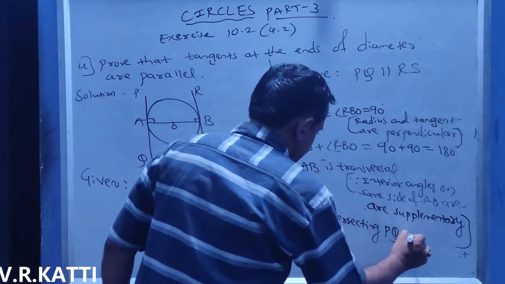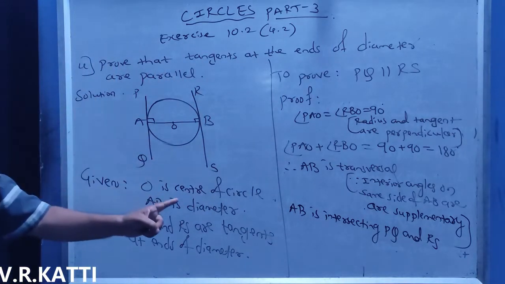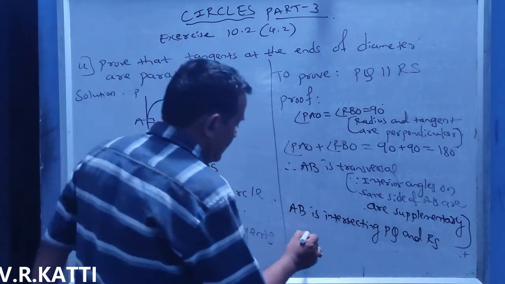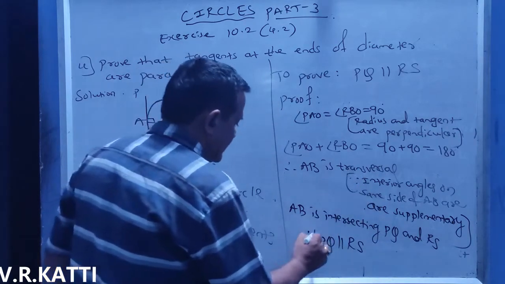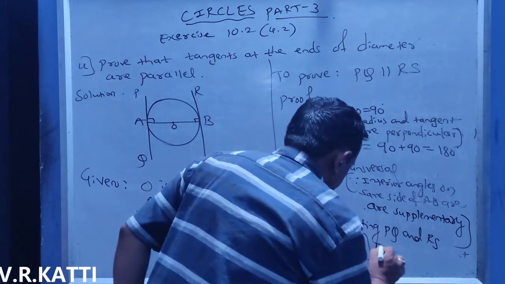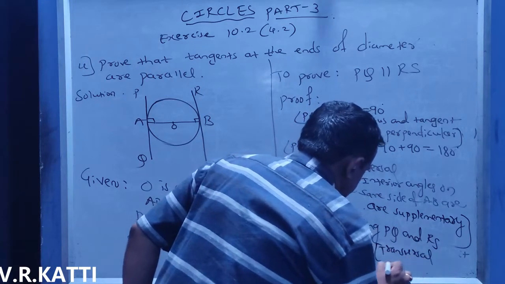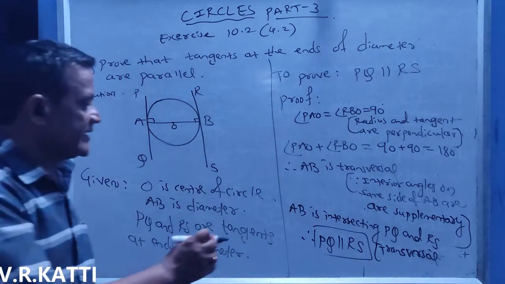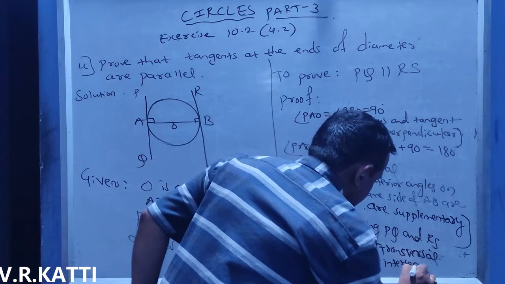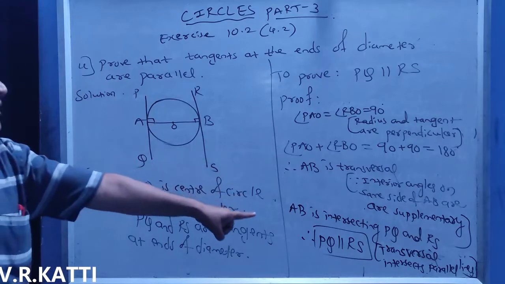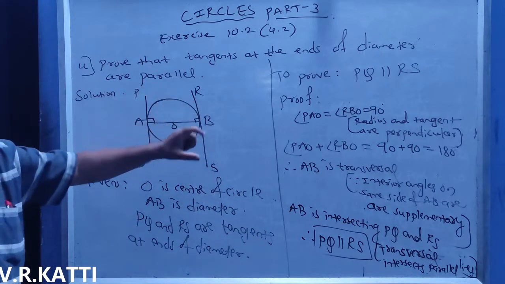Therefore, PQ must be parallel to RS, because a transversal intersects parallel lines. Therefore, PQ is parallel to RS.